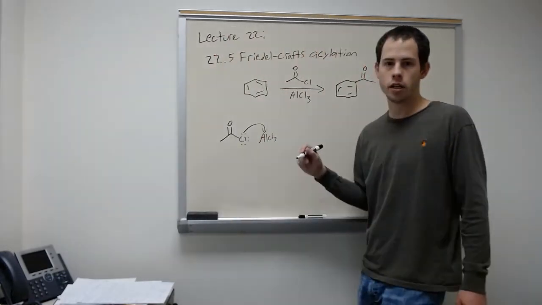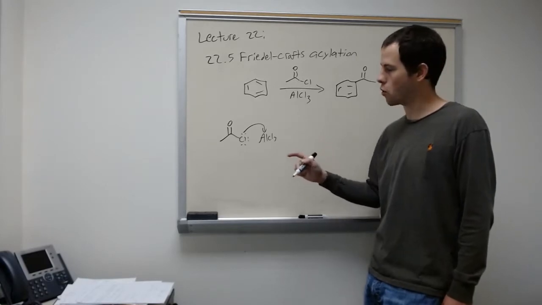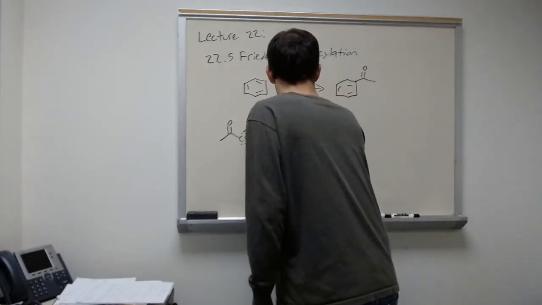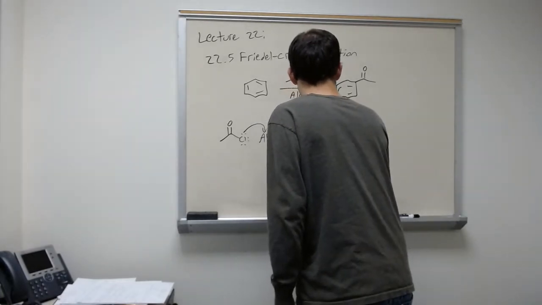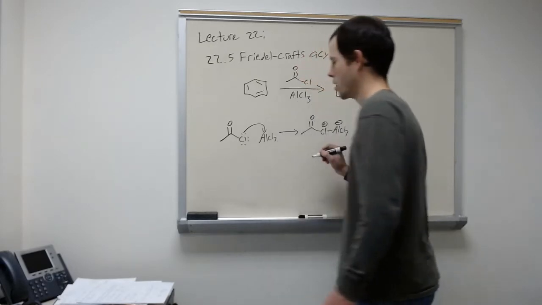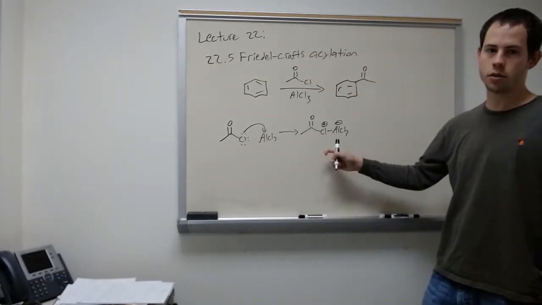Just like we saw in the alkylation reaction, we get coordination between our chlorine and our Lewis acid. Since chlorine now has two bonds, it donated one of its lone pairs.